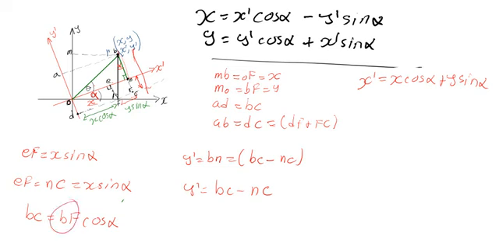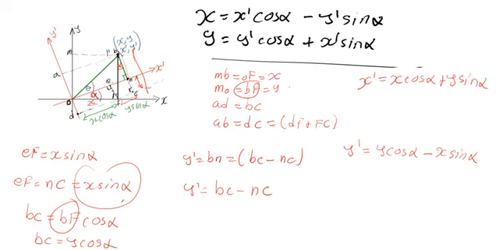We have said our BF, which is this one here, is y. So our BC is equal to y cos alpha, like that. Hence, our y prime is equal to y cos alpha, which is our BC, minus our NC, which we found to be x sine alpha, which is what we are looking for.